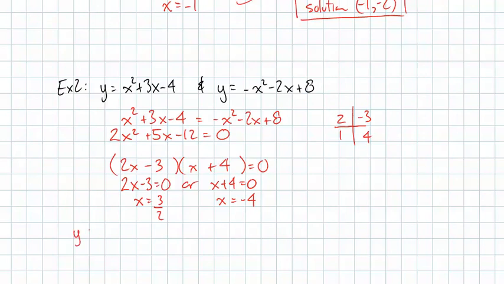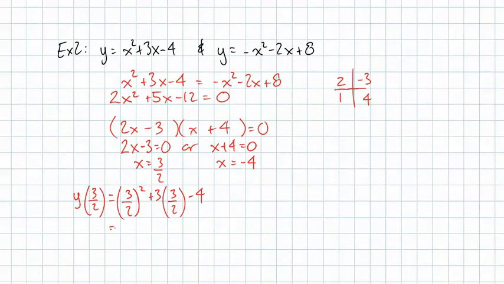So let's find out what y of 3/2 is. Using the first equation, I could use the second one as well because this is a system solution, but I'm just going to use the first equation. And I'm going to substitute 3/2, and I get 9 over 4, 9 over 2, minus 4.